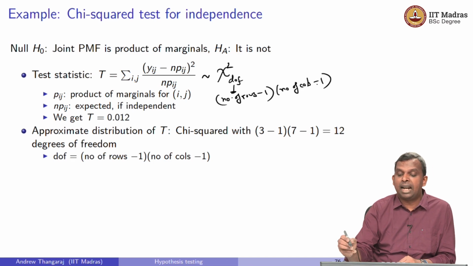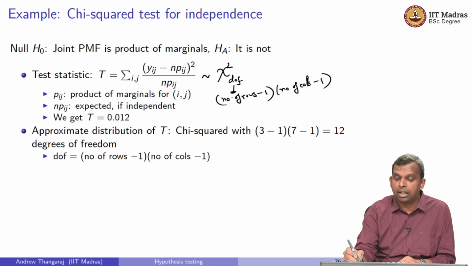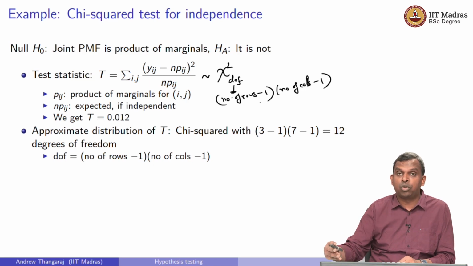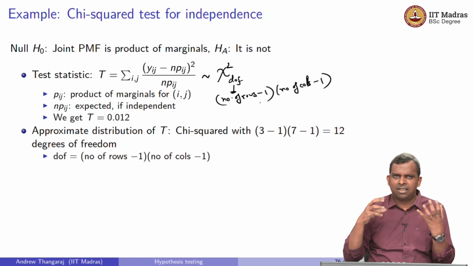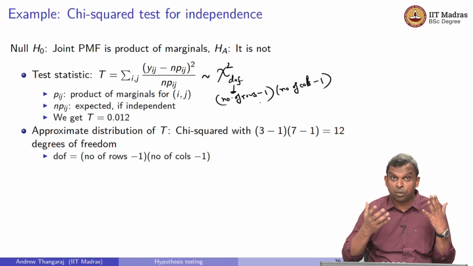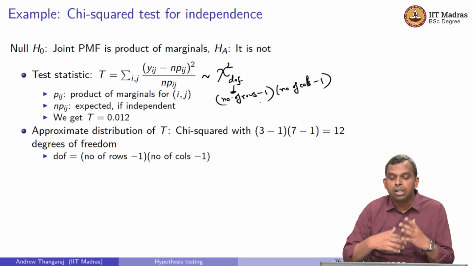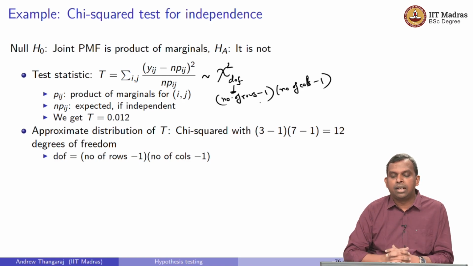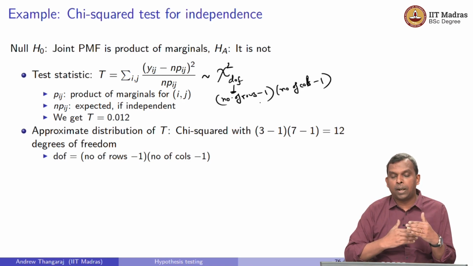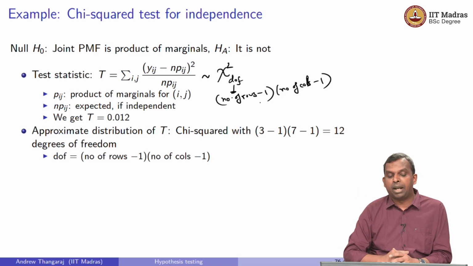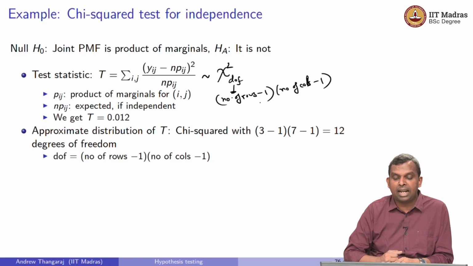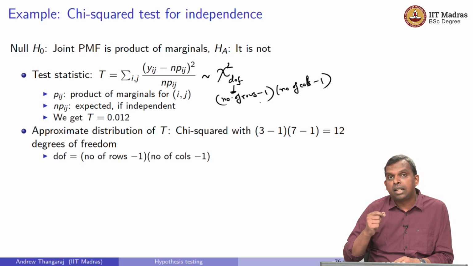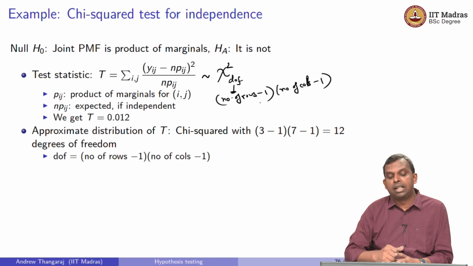Previously, when we had k different possibilities for the random variable, the degree of freedom was very easy, just k minus 1. In this case, given the constraints and how the linear algebra works in the approximation, the actual degrees of freedom is number of rows minus 1 times number of columns minus 1. So the approximate distribution of t in our example is chi-squared with 3 minus 1 times 7 minus 1. That's 2 times 6, which is 12 degrees of freedom.